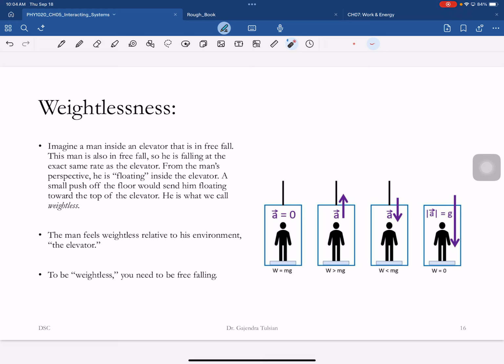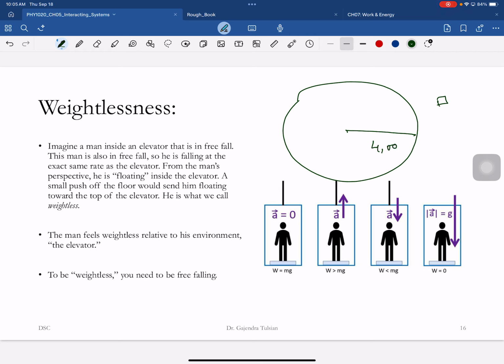When you're in a high-rise building, is gravity affecting you less because of the extra distance between you and the earth at that point in time? Or is there any change in your apparent or true weight? Well, there is a minuscule change. The radius of the earth is 4,000 miles, so to see any effective change, this distance has to be comparable to that.